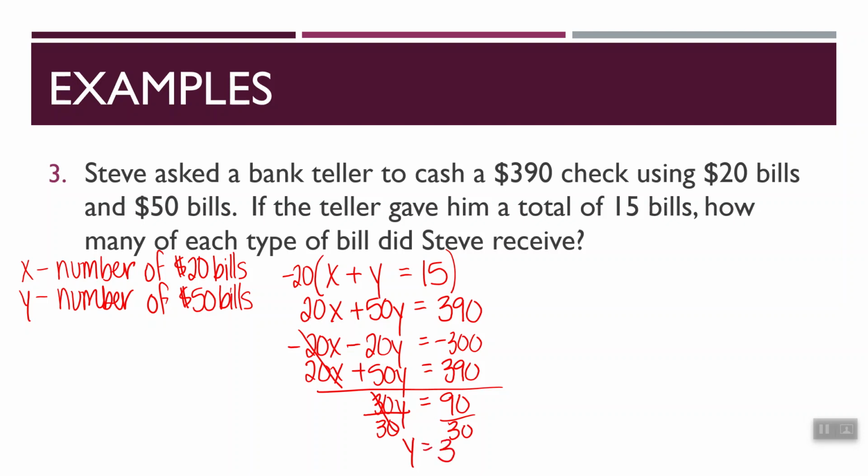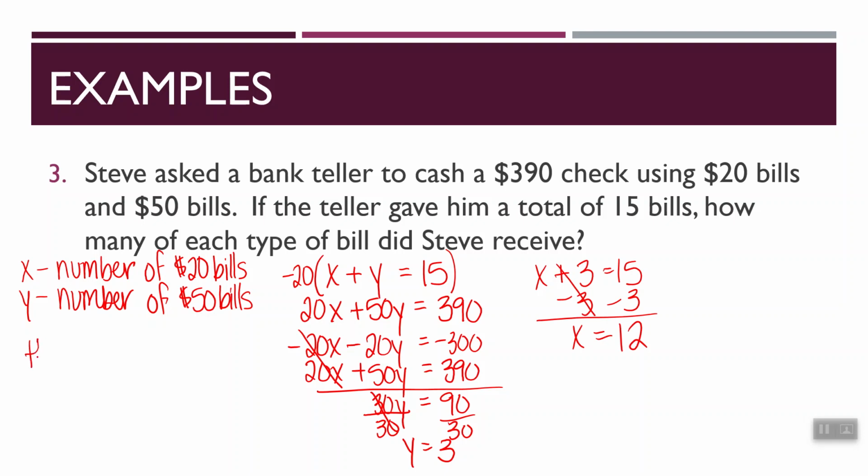These are also usually a little bit easier to find the other variables. So if y is 3 and he had 15 bills altogether, then x is going to be 12. And you can get that from plugging 3 in for y and then subtracting 3 from both sides to solve for x, and we get x is 12.